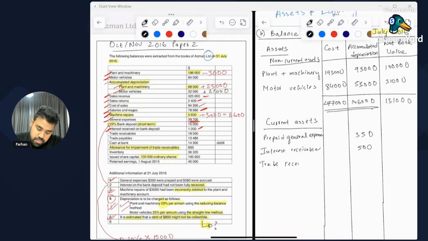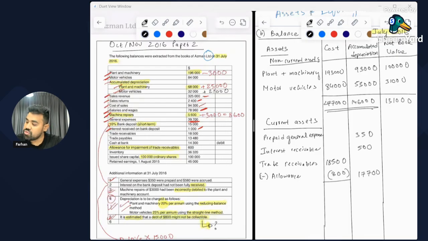Then we have got trade receivables. For trade receivables, we start with the original or the gross amount of 18,500 minus the allowance. Okay, so I don't have enough space here, but make sure in exam you write allowance for impairment of trade receivables, which is 800 in the current year, and that is 17,700 as the net trade receivables, which we are reporting.